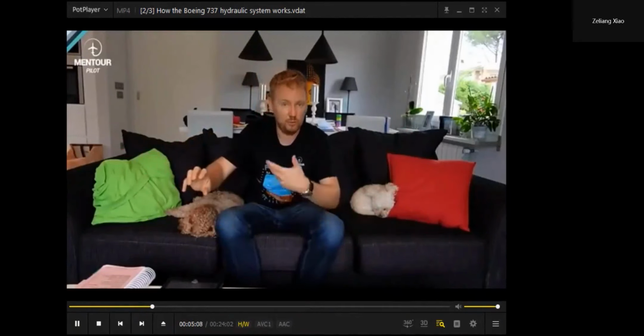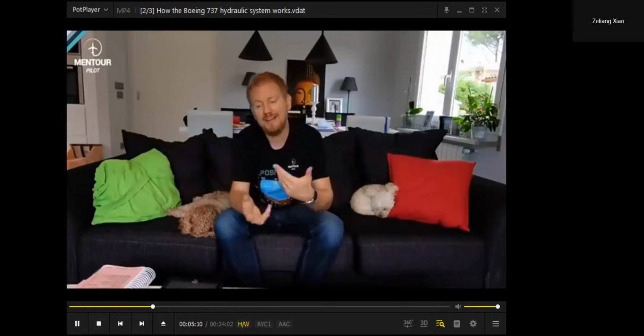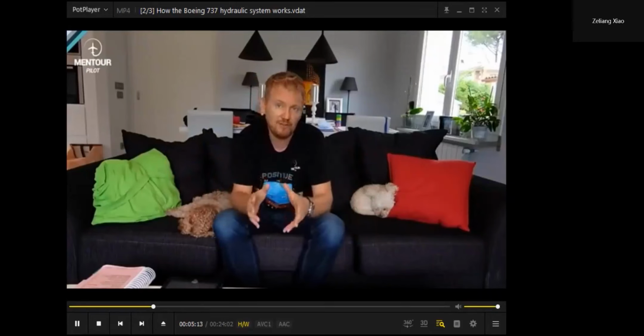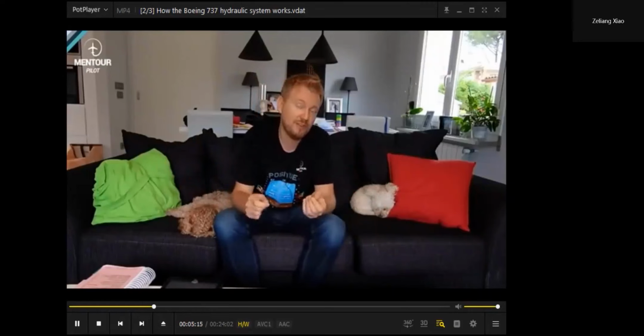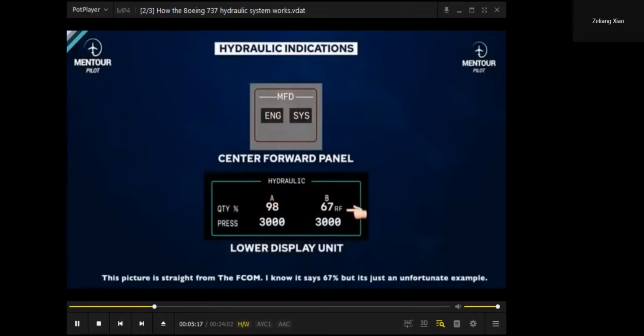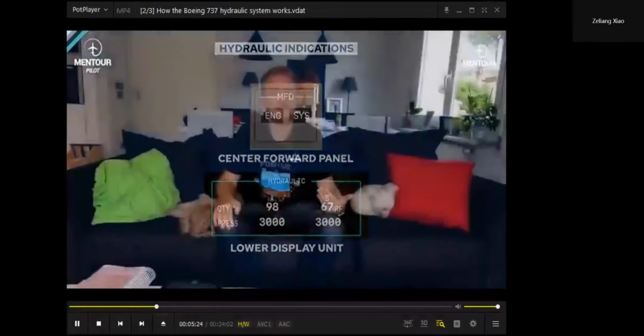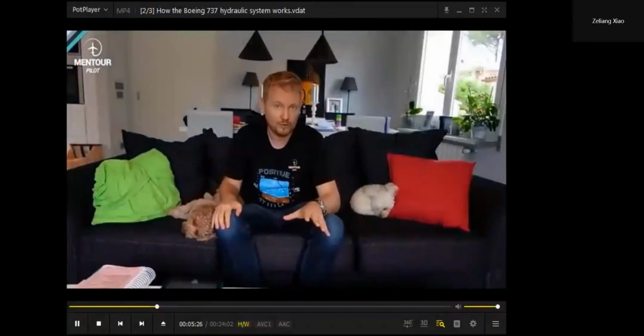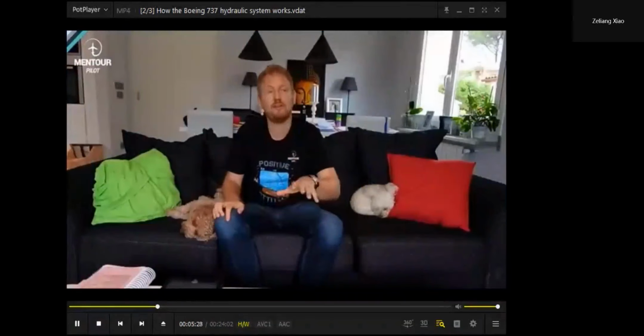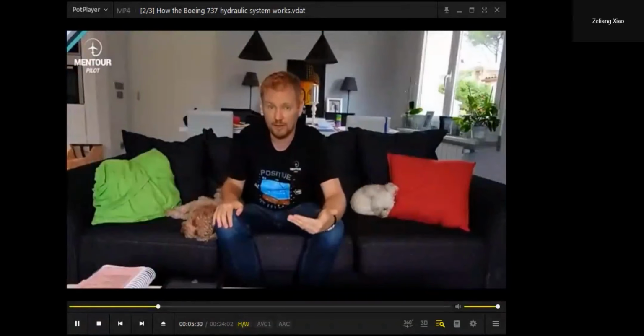The system quantity will then go down, but generally it's above 76%. If it's below 76, we're going to get a refill warning. Okay. But the warning is only available when we are in normal with everything retracted and we are on the ground, right? So it's not even armed if you're out flying.